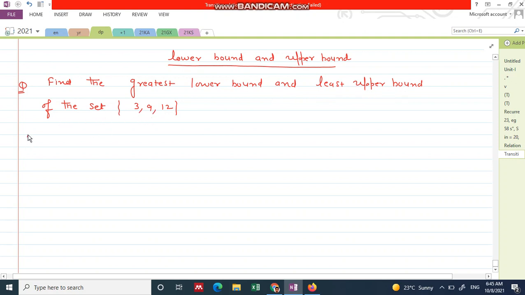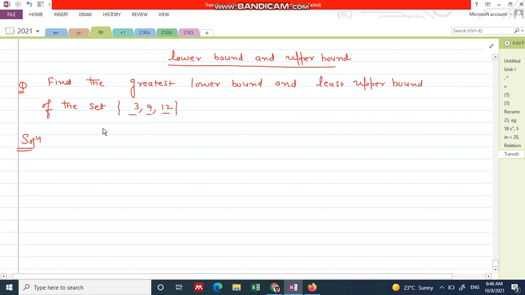Okay, so by lower bound I mean that we find those elements which divide all these elements, and those elements should be less than or equal to these elements.